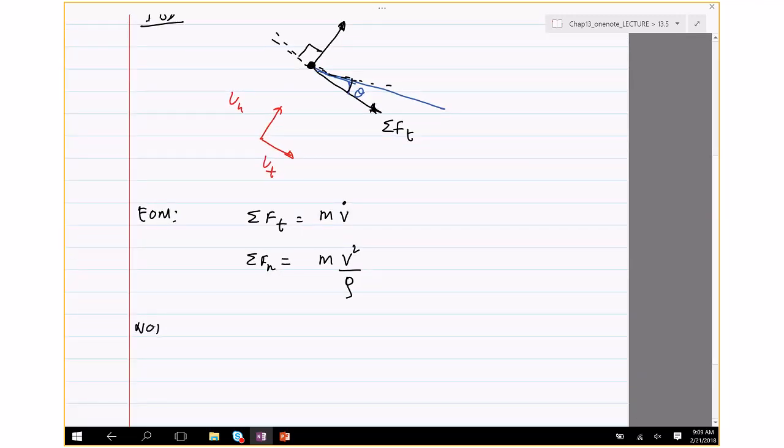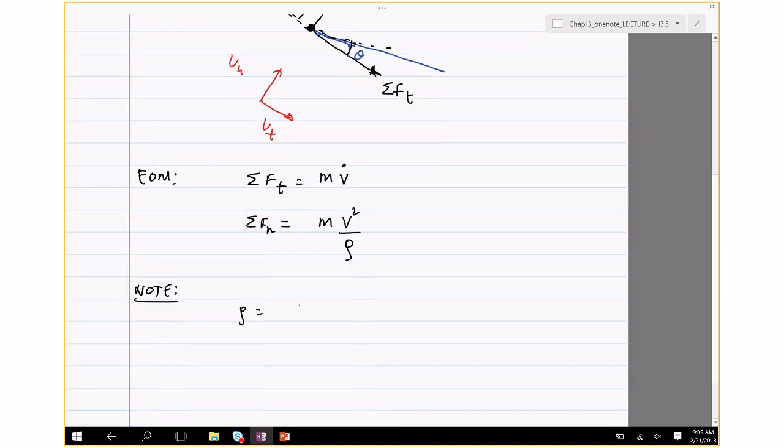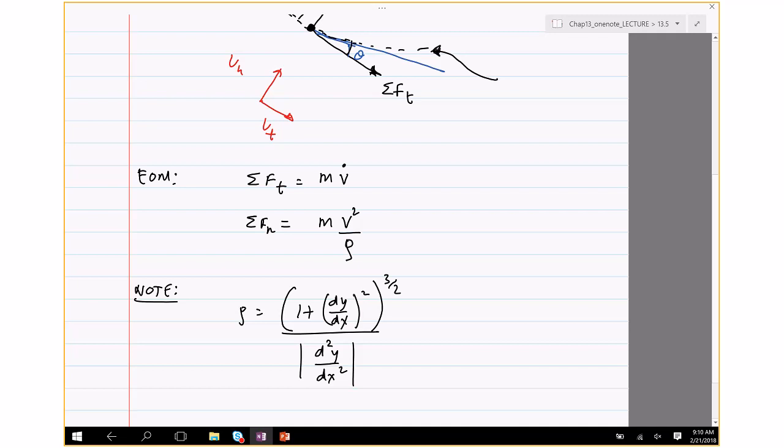We also know how to find rho, which is the radius of curvature, which changes as the particle moves along the curve. If it's moving in a circle, rho is r, but otherwise rho is not constant. So we can write that as (1 + (dy/dx)^2) raised to 3/2, divided by the modulus of d²y/dx², right? So let's assume that you can write the equation of this curve as y equals f of x.